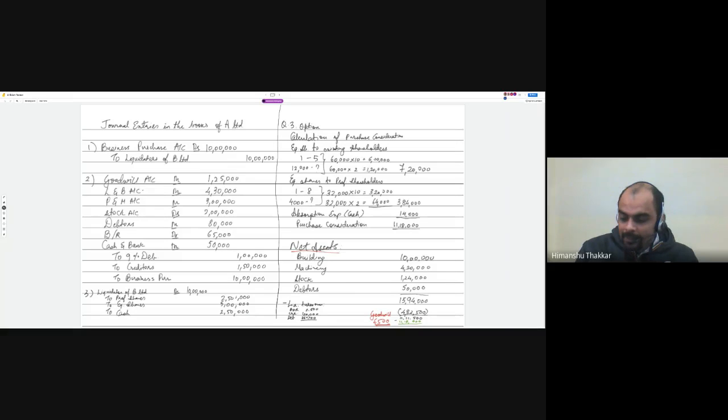Now is to prepare accounts for these types of sums, and we have prepared in this paper as well. Same accounts you need to prepare here. So what are the accounts you need to prepare? Just check again the question. You can prepare more accounts, but make sure you don't miss the accounts they have asked.